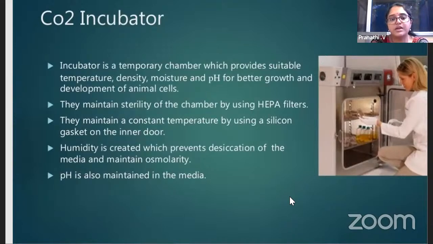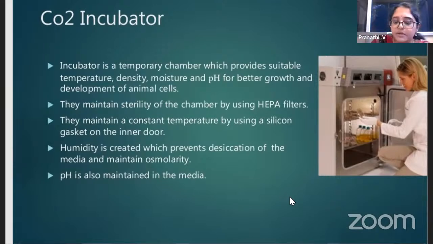The incubator is one particular chamber that provides a proper, suitable temperature, the amount of moisture, pH, that is your acidity, basicity, density, all of this to be maintained at a particular level so that there is very good development of cells. Sterility of it can be maintained by using HEPA filters. Constant temperature is maintained by using a silicone basket also.